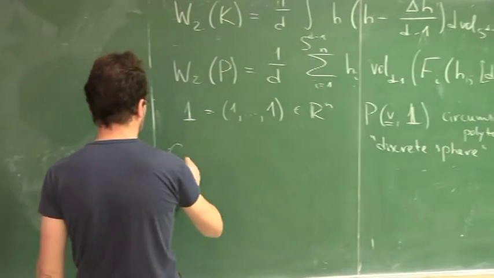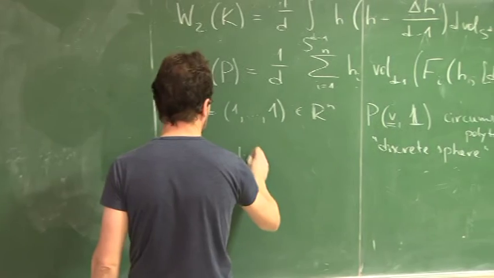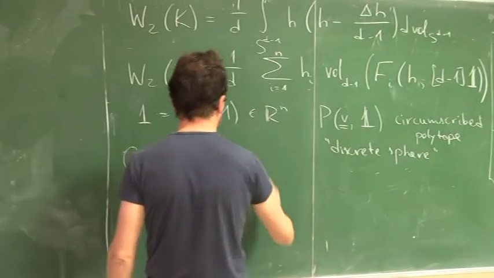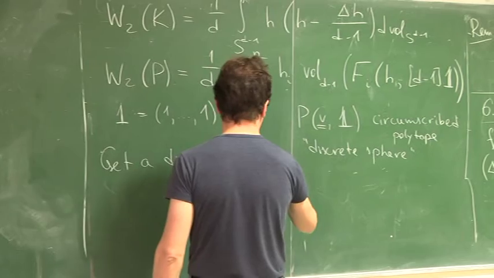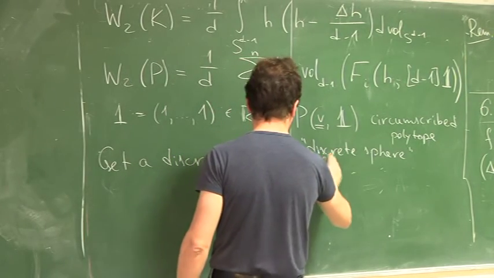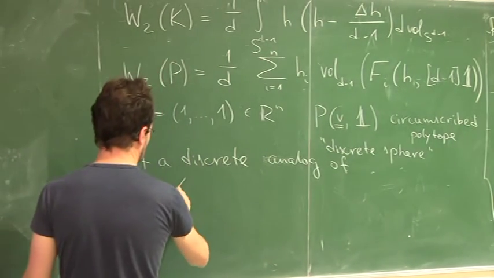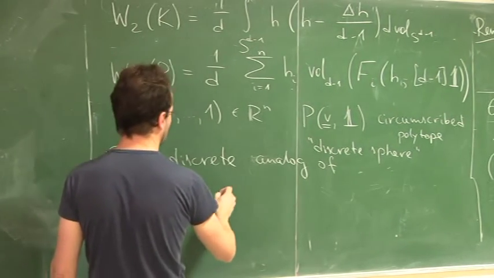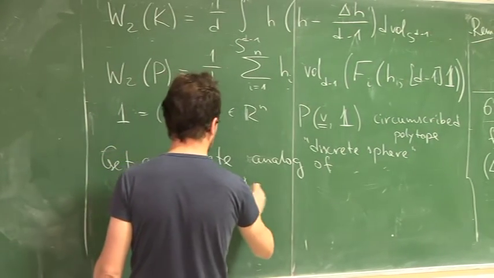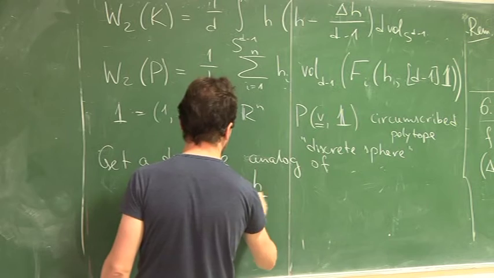So we get a discrete version, or discrete analog, of the L2 product of h and h minus Laplacian h divided by d minus 1.